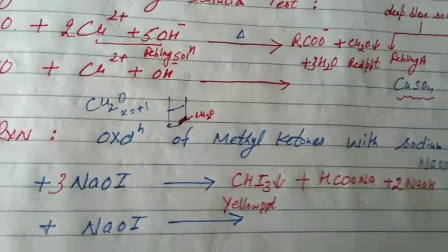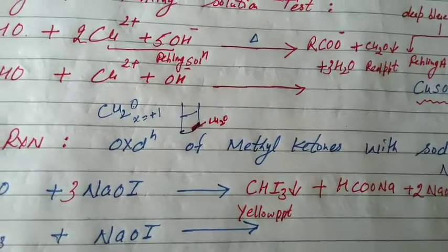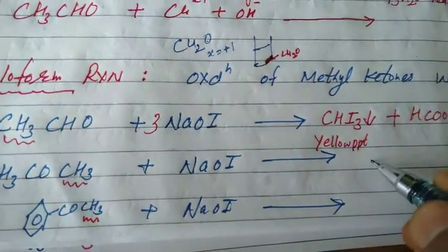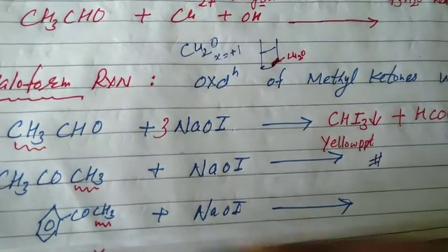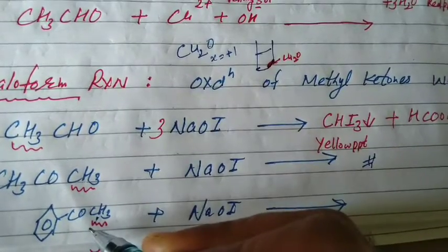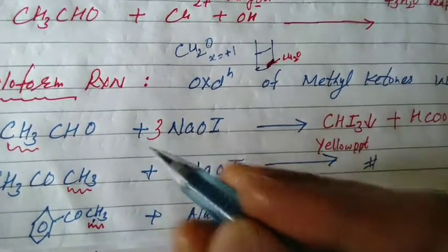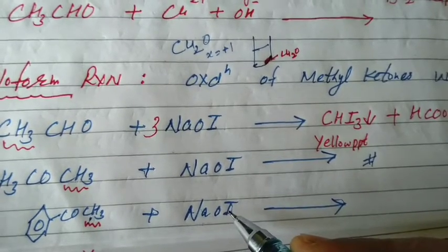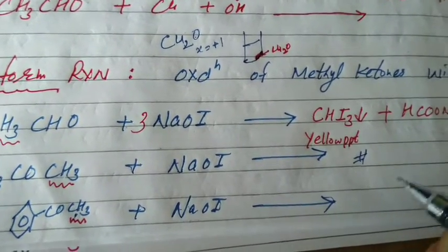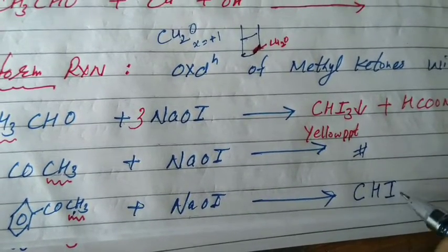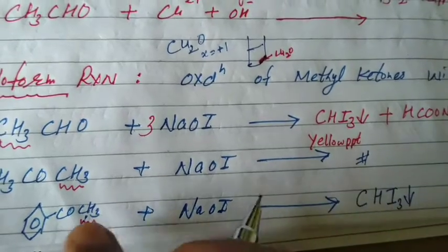It is the haloform reaction, but given only by those carbonyl compounds having a methyl group adjacent to the carbonyl carbon atom. What will happen, students, in this? That is again for your assignment. Try to do it. It has a methyl group adjacent to the carbonyl carbon, an aliphatic or aromatic ketone. We treat it with sodium hypohalite, NaOI. What will happen? It has a methyl group, so it leads to the formation of a yellow precipitate of iodoform.